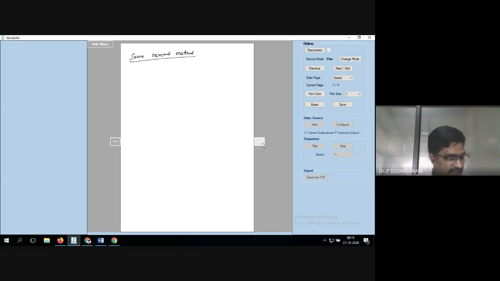Same diagram you take it. C1, C2, C3, C4, C5. Same diagram. Write the solution.